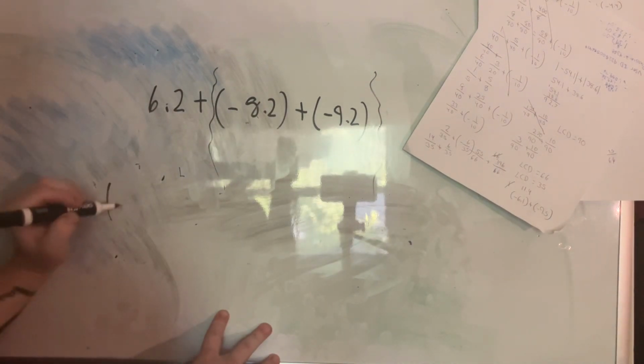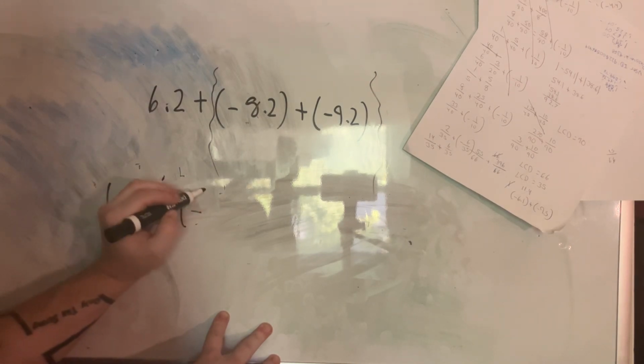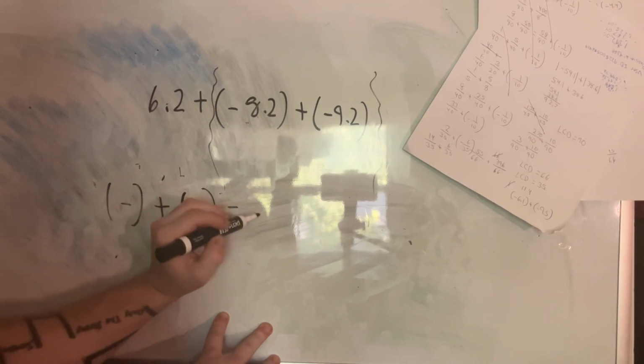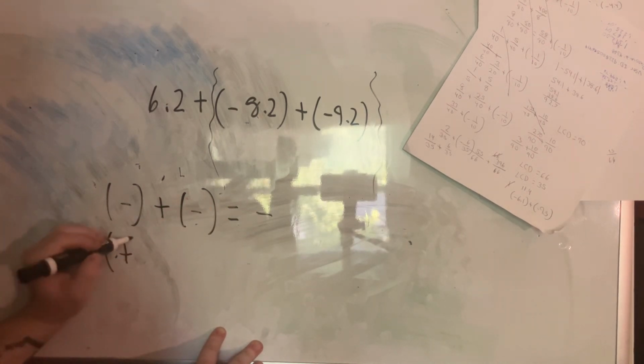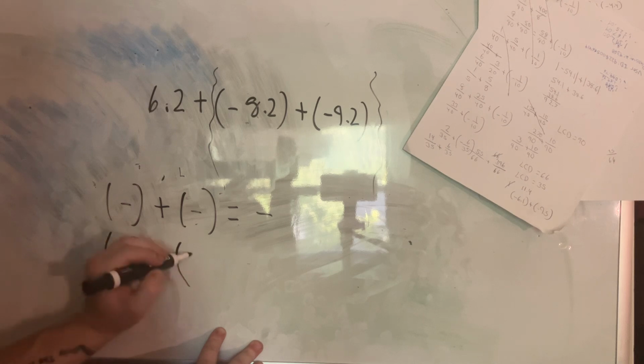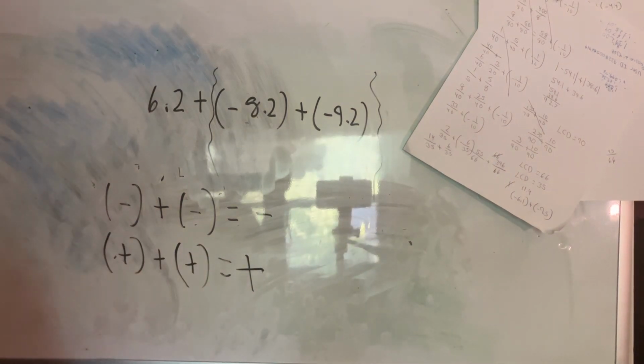If we have a negative number plus a negative number, then the answer is going to be negative. If we have a positive plus a positive number, then the answer is going to be positive.